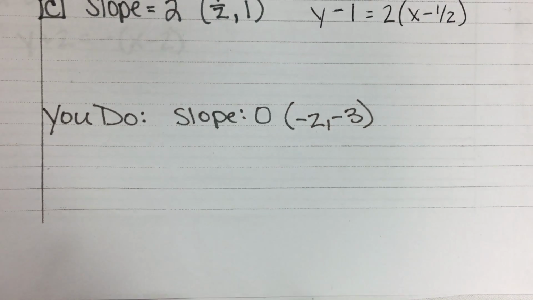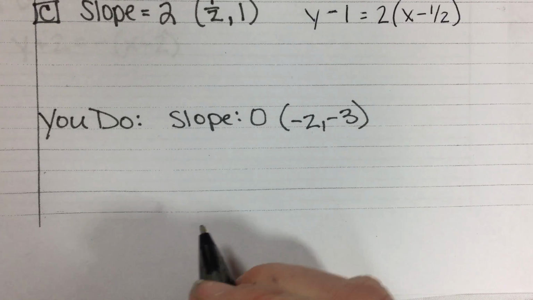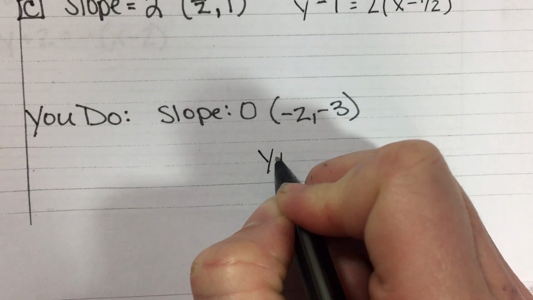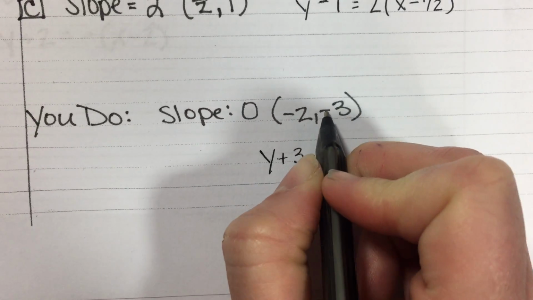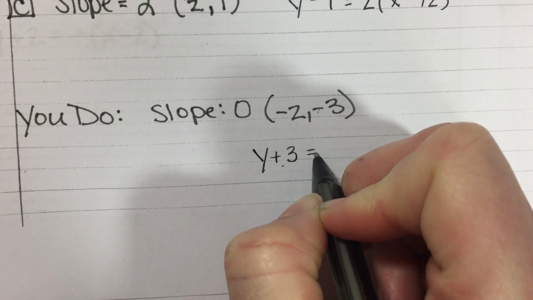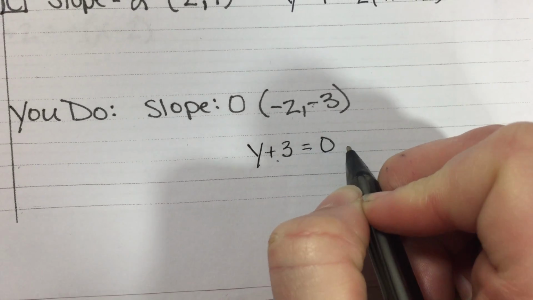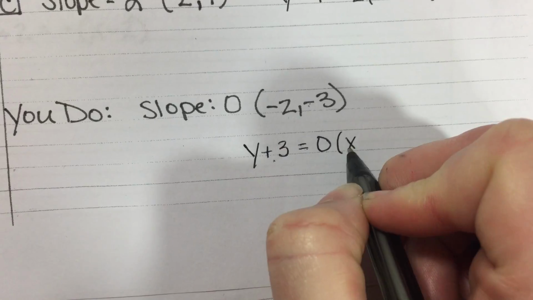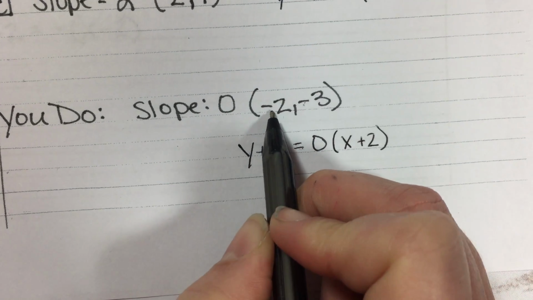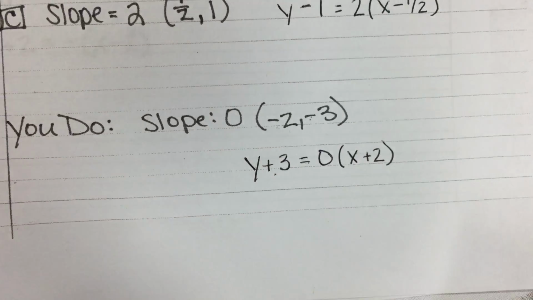For the you-do, we should have ended up with y plus 3, because a negative and a negative made a positive, equals 0 times the quantity of x plus 2. Again, negative and negative make a positive.